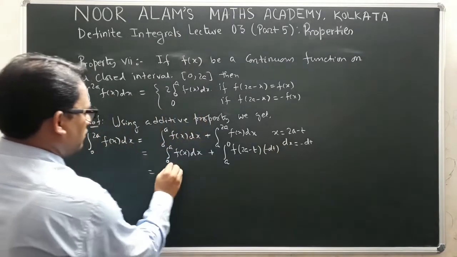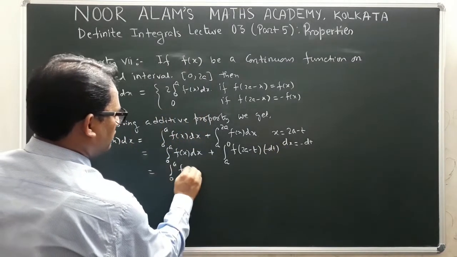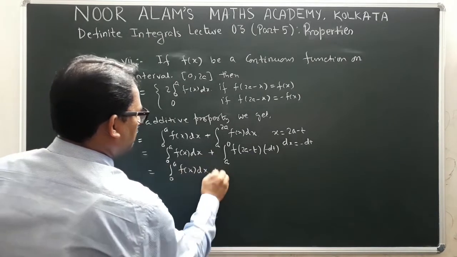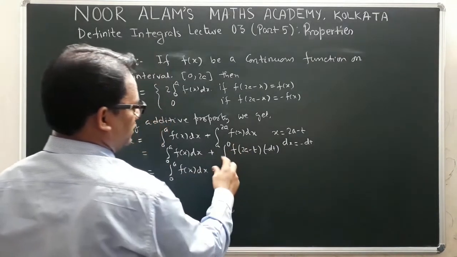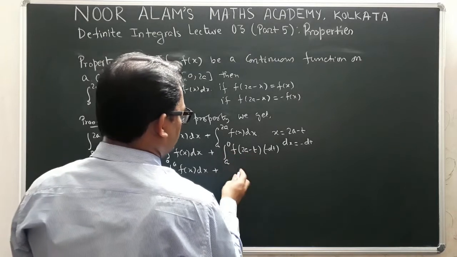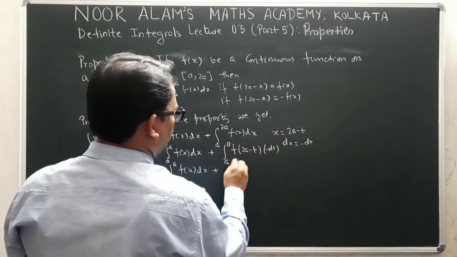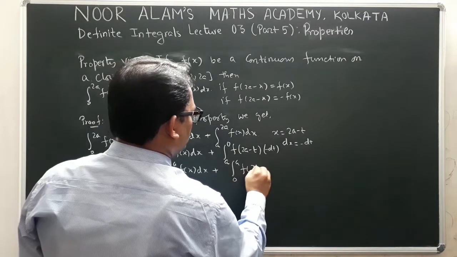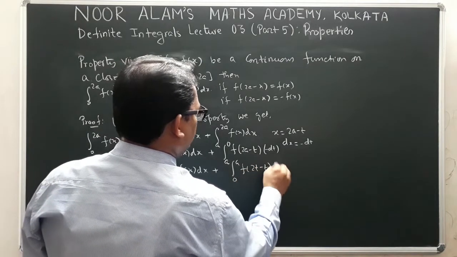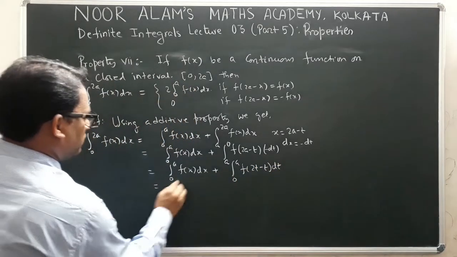So now this is equal to the integral from 0 to a of f(x) dx plus, you know that when we interchange the limits of the integration, the integral only changes by a minus sign. So this minus sign is absorbed and we write 0 to a of f(2a minus t) dt.